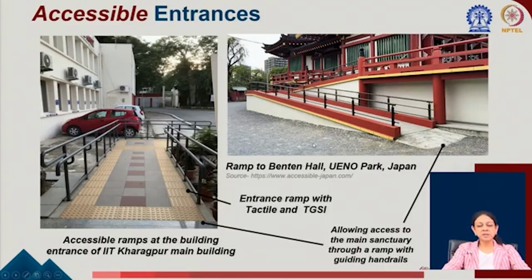The only additional consideration in such cases is that after a specified distance, you need to give a flat surface as a landing, so that someone can reach there, take a turn and then take the next slope.